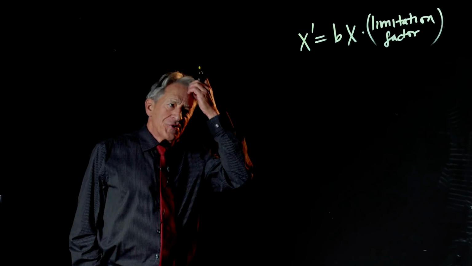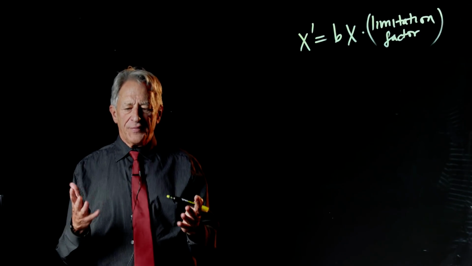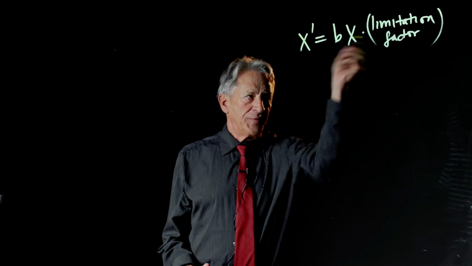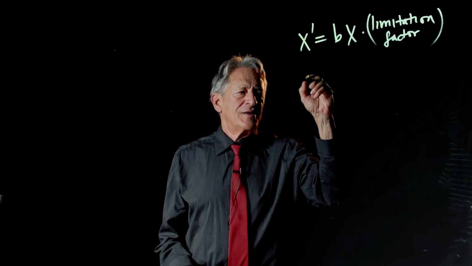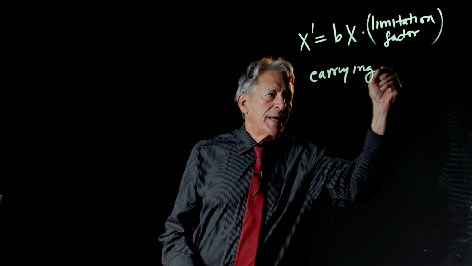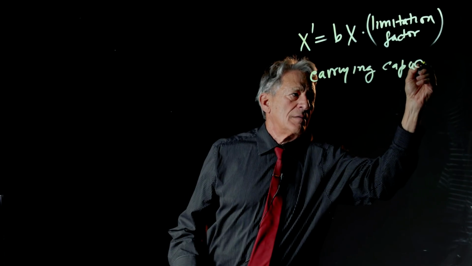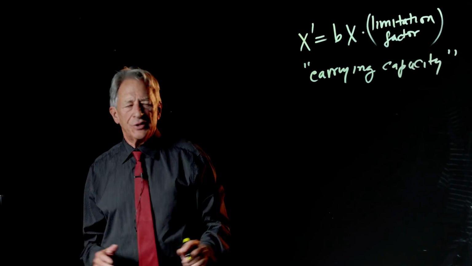So we're going to start by assuming that the environment that these rabbits are growing up in has a carrying capacity. And this is a very common term in ecology.